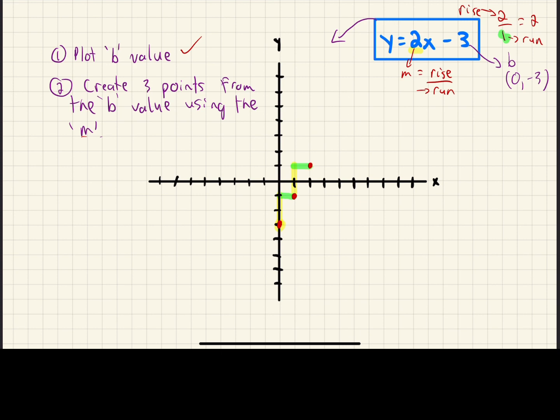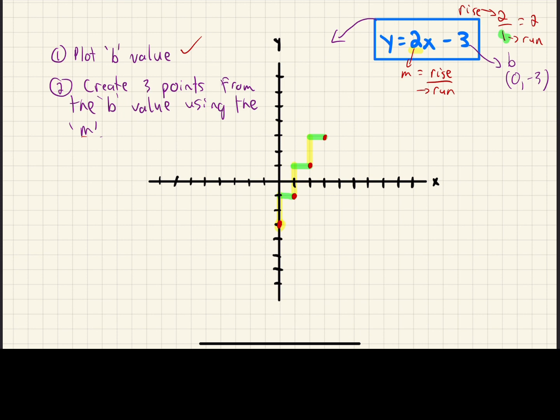So now that's 2 out of 3 points. And then from that point, we're going to go up by 2, right? Rise by 2. And then over by 1 for the run. And now my third point is plotted.